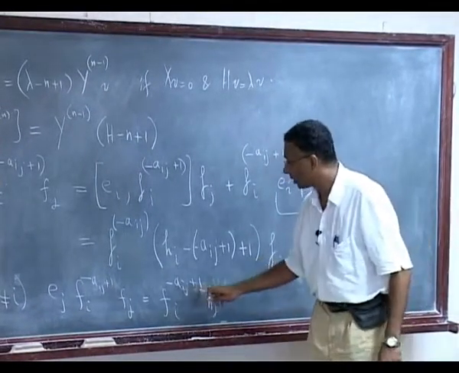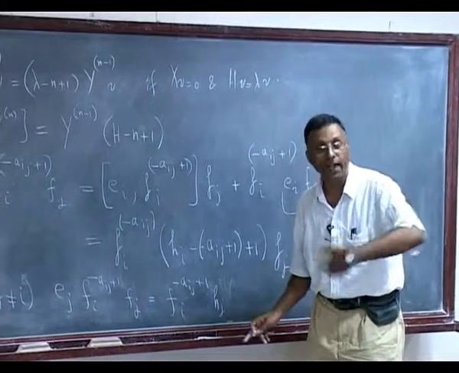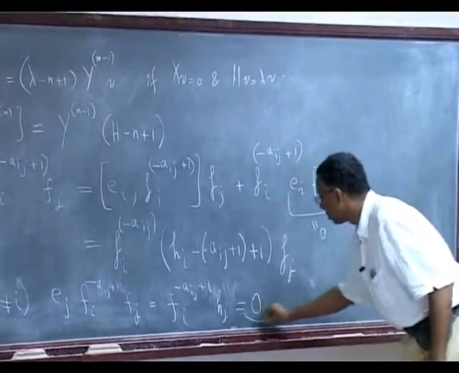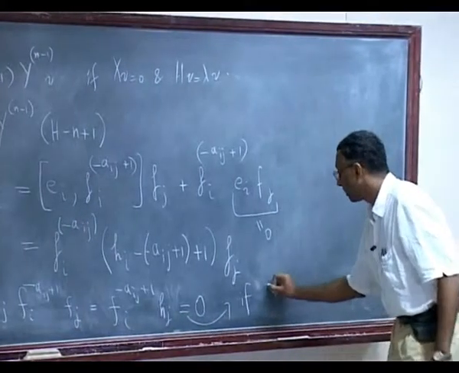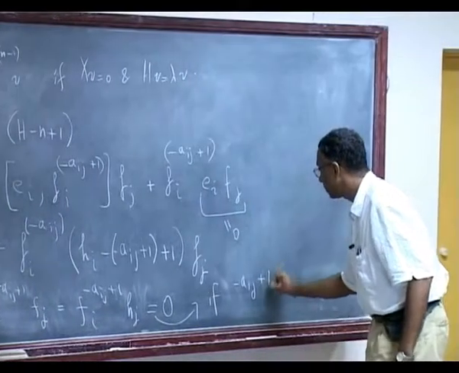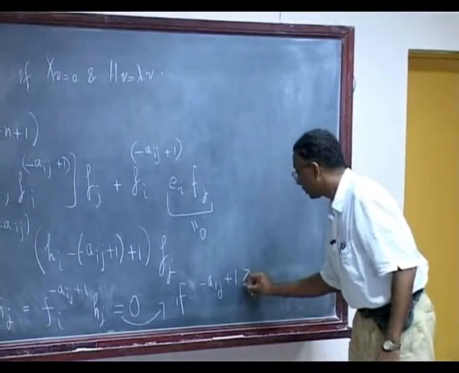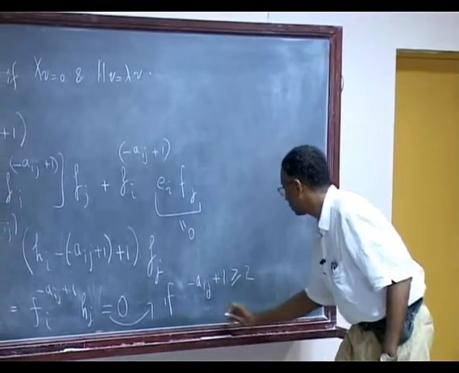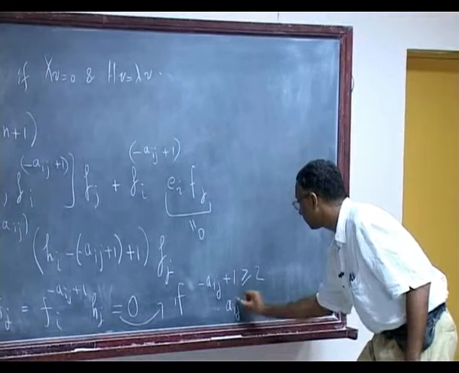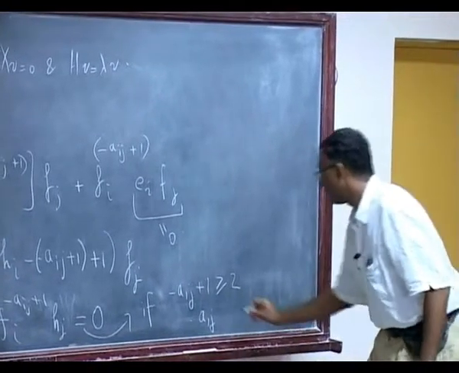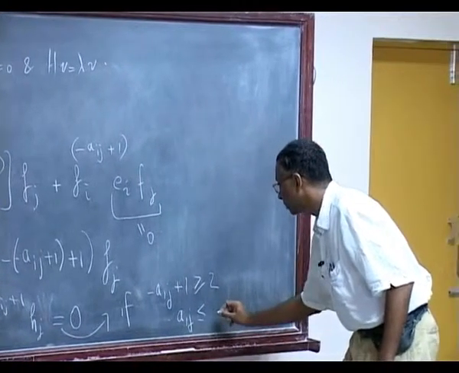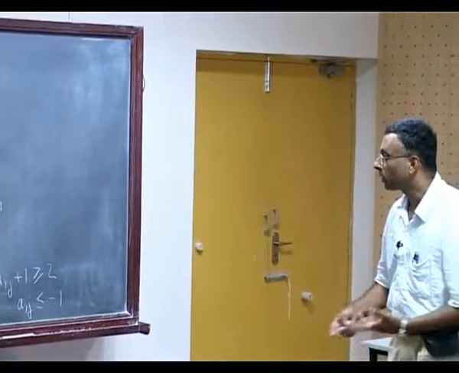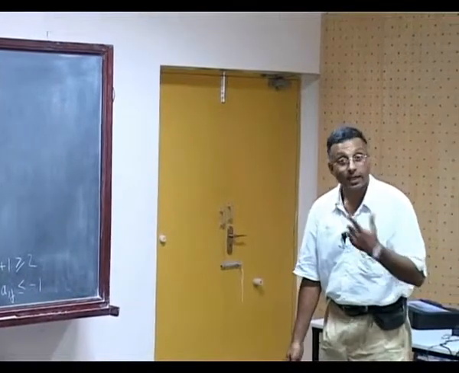So if this is the moment this, and then if it acts once more, it kills it. So is equal to 0 if minus Aij plus 1 is bigger than or equal to 2. That is minus, which means what? Aij is less than or equal to minus 1. Okay. Now, what if the only question is when Aij is 0?